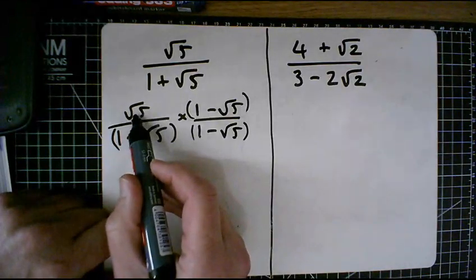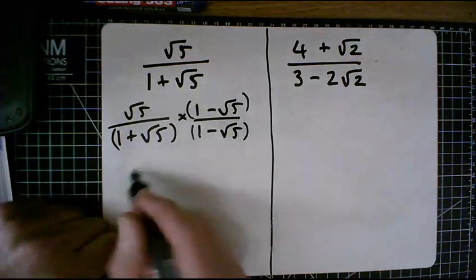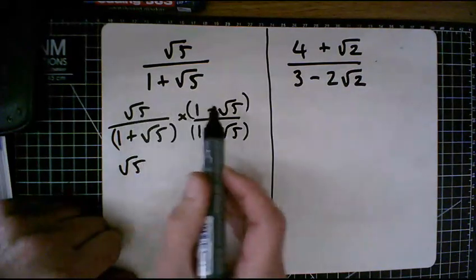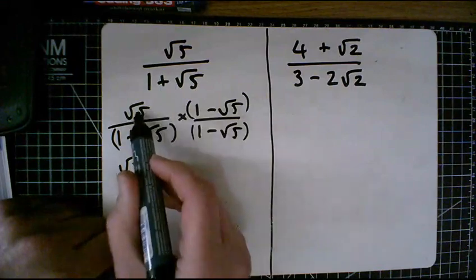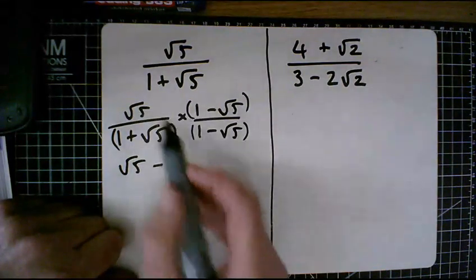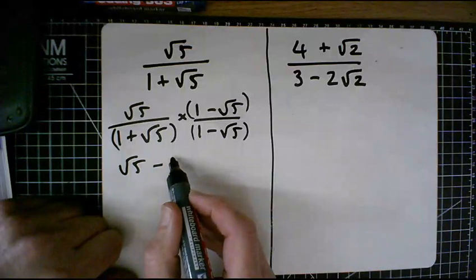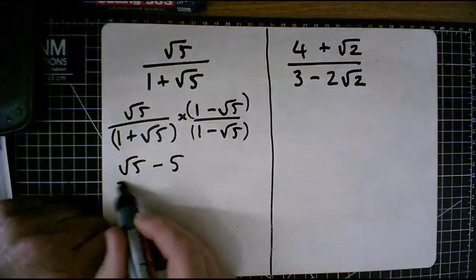Square root of 5 times 1 is the square root of 5. And the square root of 5 times the negative square root of 5, well, a positive times a negative is a negative. And the square root of 5 times the square root of 5 is the square root of 5 squared, which is 5.